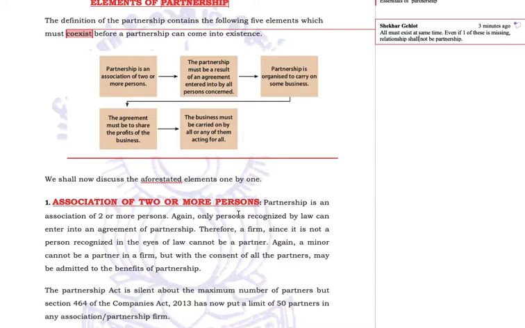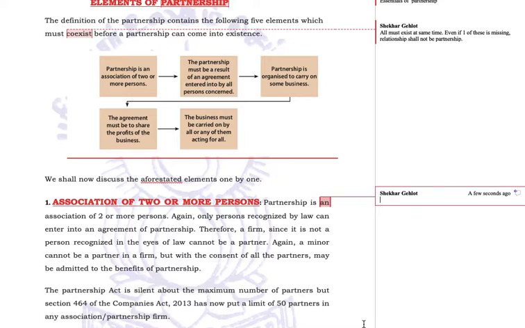That means one person alone cannot be in partnership with himself. One person alone cannot establish a partnership. One person alone can set up a one person company now, but he cannot set up a partnership. At least two persons are required.